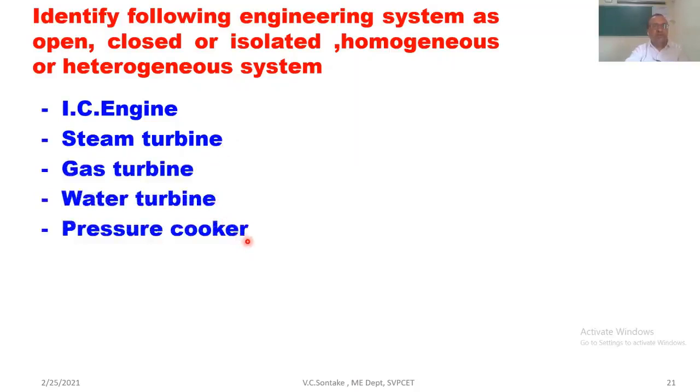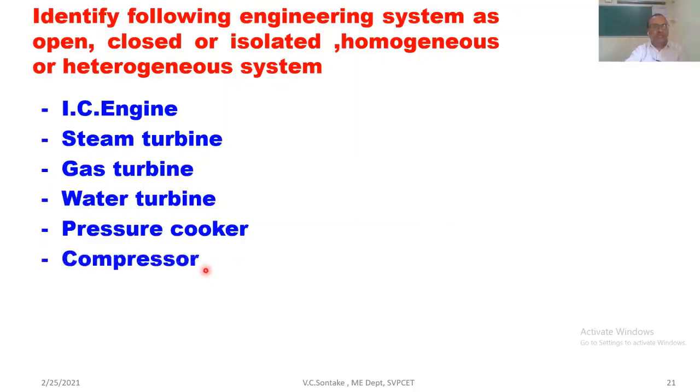Pressure cooker. Now if the pressure cooker is on gas and it is whistling, it is allowing vapor to come out into the surroundings. So in this case it will be an open system. But when the pressure cooker is not whistling and kept for cooling, not allowing any vapor to come out of it, it can be classified as a closed system.